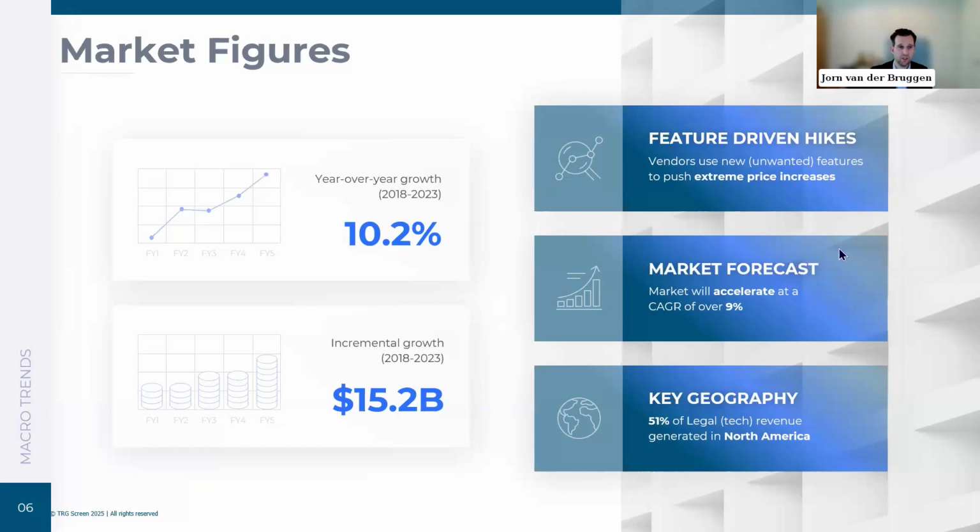And what you can see is that over the past few years, we've done some research here as well, that an average price increase year on year was around 10%. That would include as well some price hikes around features, which I will come to in a bit, but definitely in the market, the forecast is that around a 9% price increase will still be there year on year.